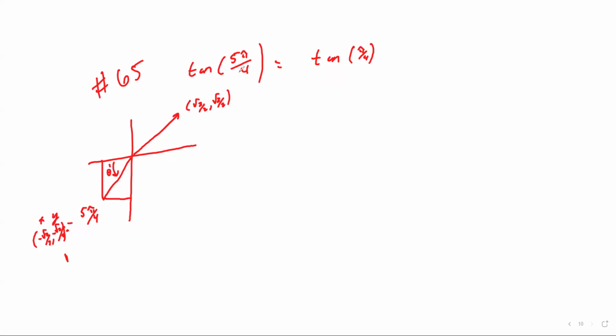So that means that this guy is the same as this guy, which is the same thing as 1. All right. So just things to look at. Again, if I was over here, then I know the answer would be negative, depending on what you're dealing with. So those are using reference angles to help you get the same type of answer. Again, the idea is to get everything in that first quadrant. If you've got the first quadrant memorized, then you can find all your answers for the entire circle. And that's just its goal there.